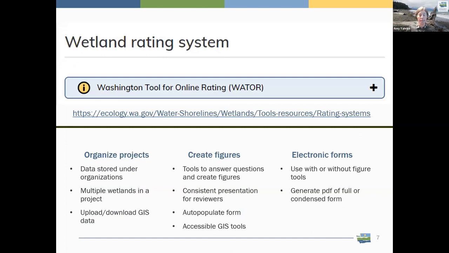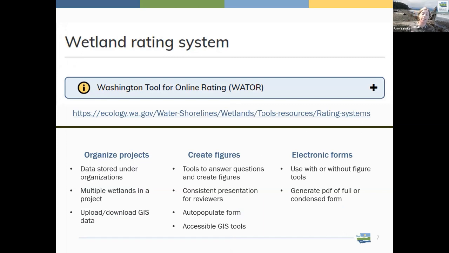In addition to the annotated version of the manual, we created an online application for ratings. It's called the Washington Tool for Online Rating, or WATER. It's designed so that users select an organization, and the program acts like a shared filing system for data within that organization. The tools to create figures are designed to help answer the questions in the rating system.